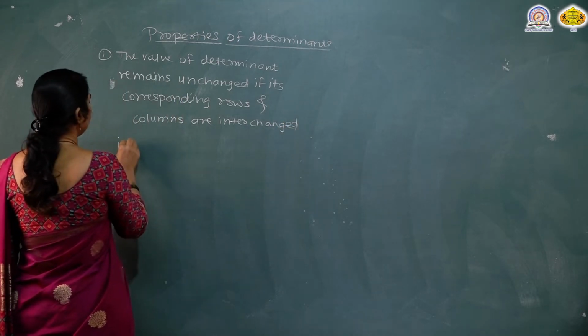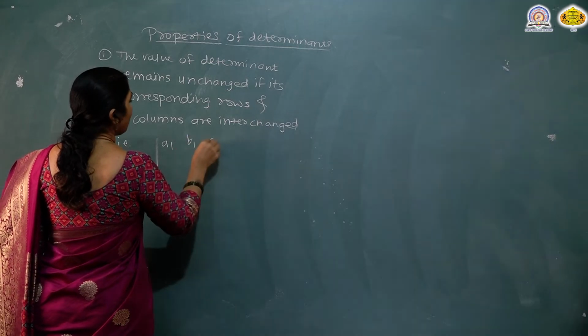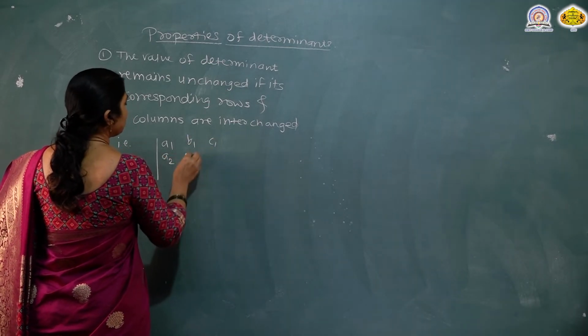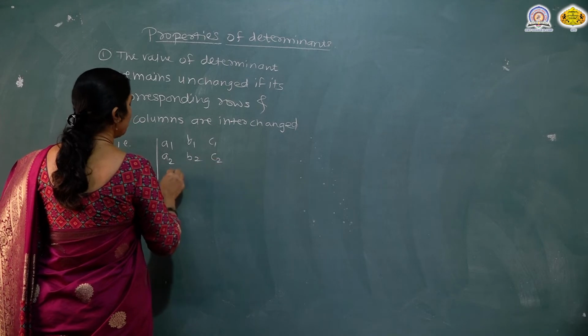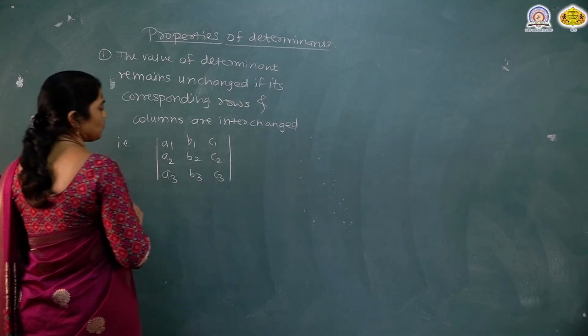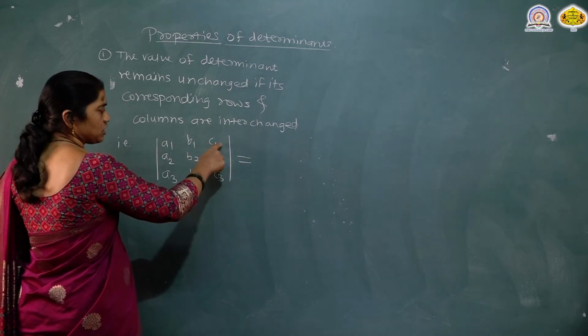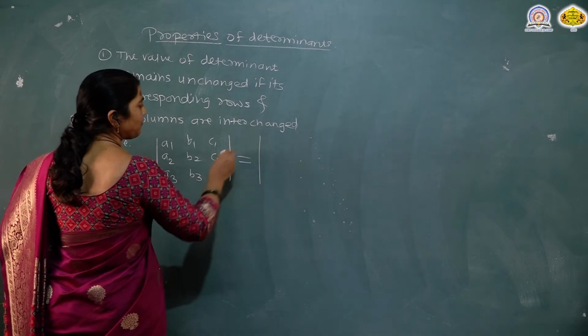That is, if you consider a determinant with rows A1 B1 C1, A2 B2 C2 and A3 B3 C3, then we will interchange the first row and write it as the first column.